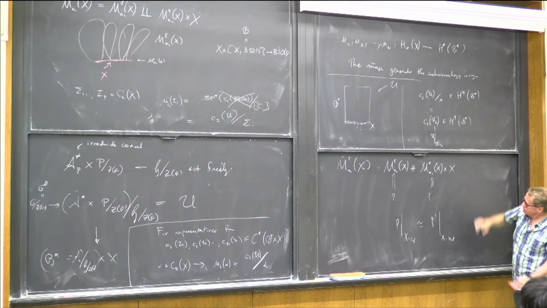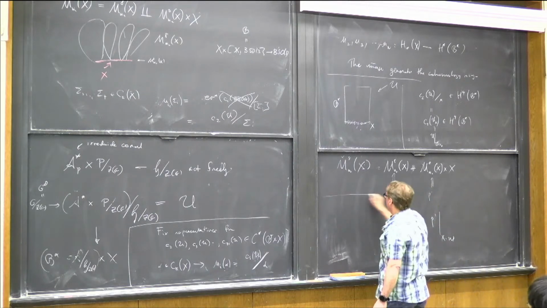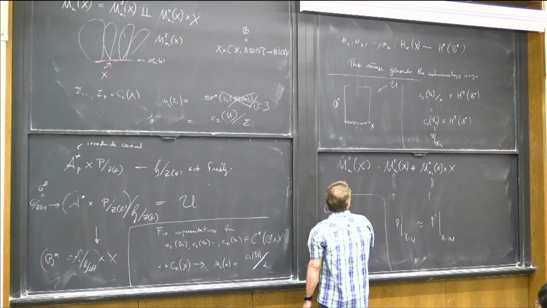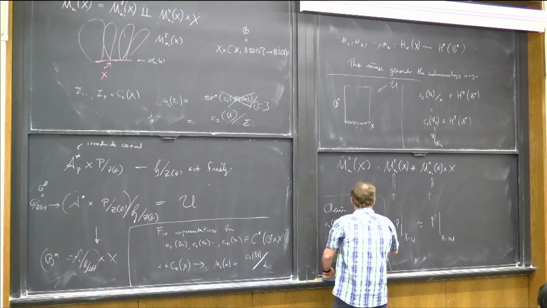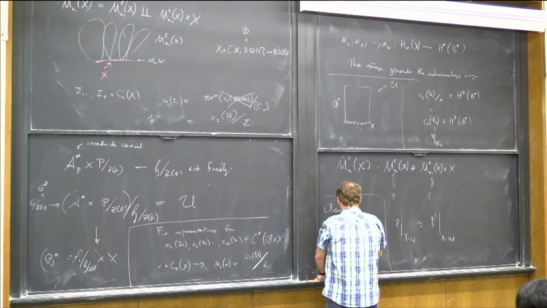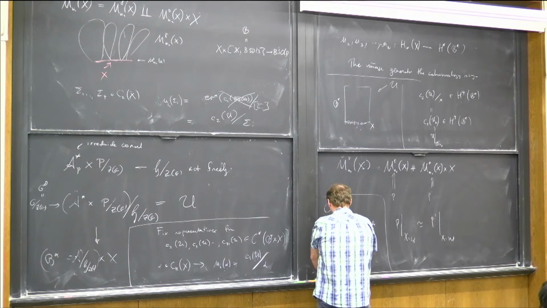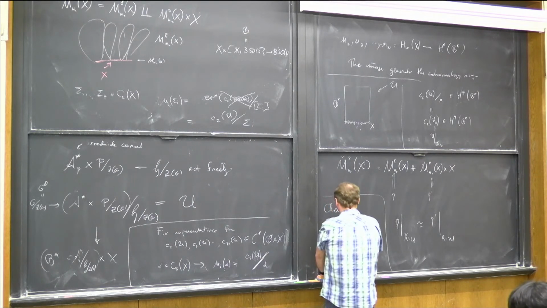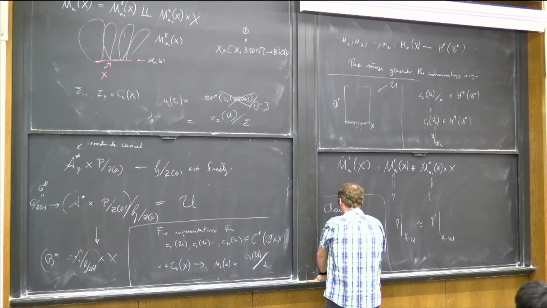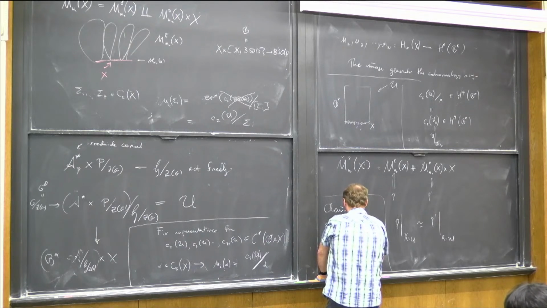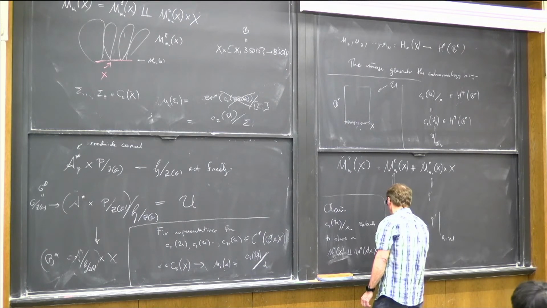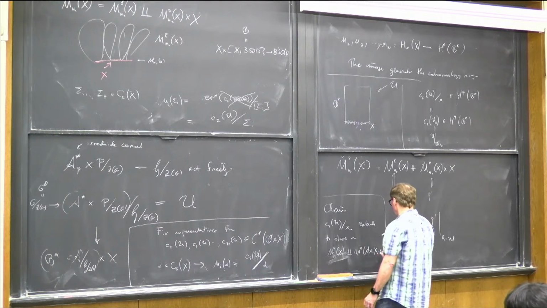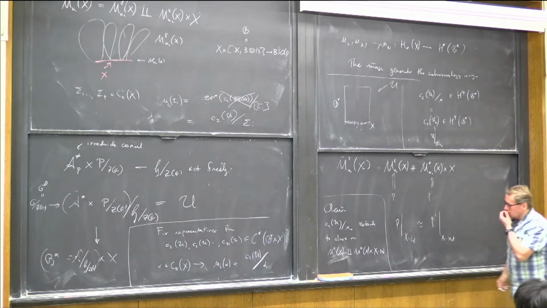The claim is that this cycle extends to a class on this 8-dimensional moduli space union the 0-dimensional moduli space times X, except for the point that I'm using here.